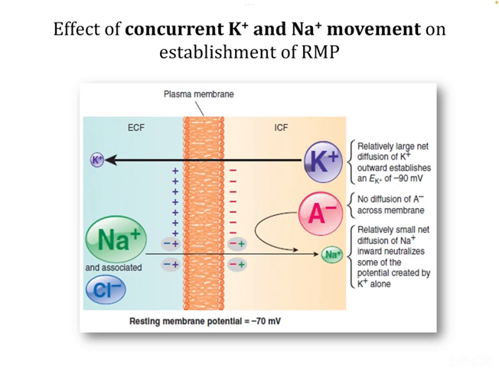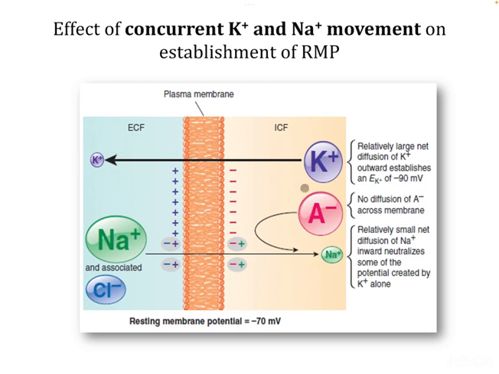Intracellular potassium is high. The cell membrane is very permeable to potassium ion, so a relatively large net diffusion of potassium outward establishes an equilibrium potential of potassium, that is minus 90 millivolts.